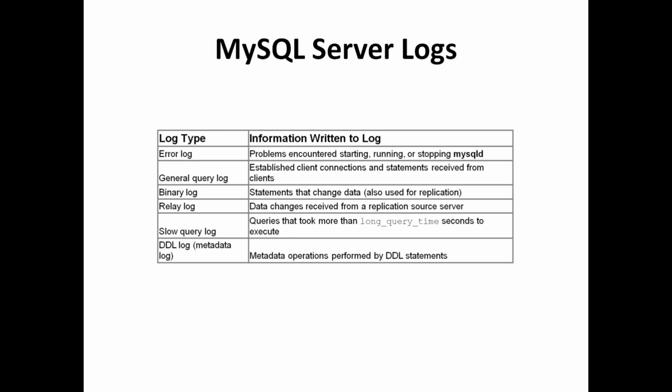You can force the server to close and reopen the log files by flushing the logs. You can control the general query and slow query logs during runtime. You can enable or disable logging or change the log file name. You can tell the server to write general query and slow query entries to log tables, log files, or both.